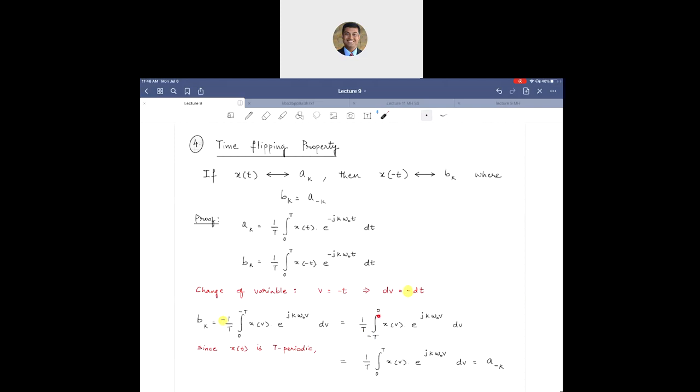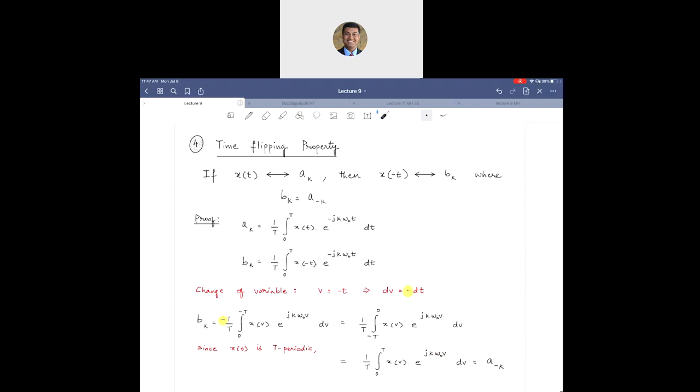1 over T. Now integration is scanning from negative T to 0, so the negative side got eliminated. X of v e to the jk omega naught v dv. Now, since the signal x of t is periodic with time period T, what we can do is we can say whatever you do from negative T to 0, you can also do from 0 to T. So I'll say 1 over T integration 0 to T x of v e to the jk omega naught v dv.